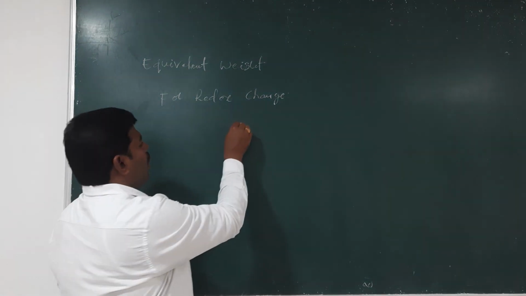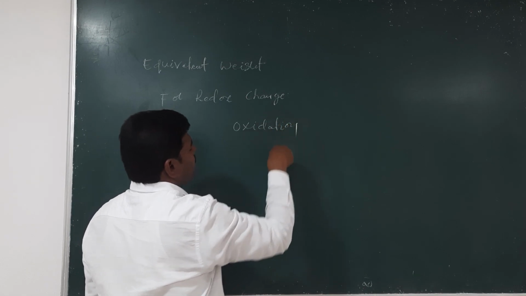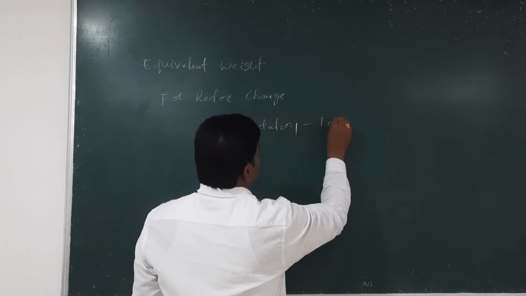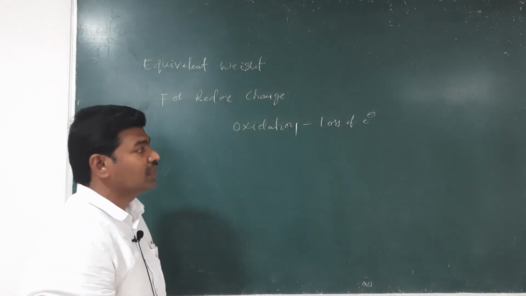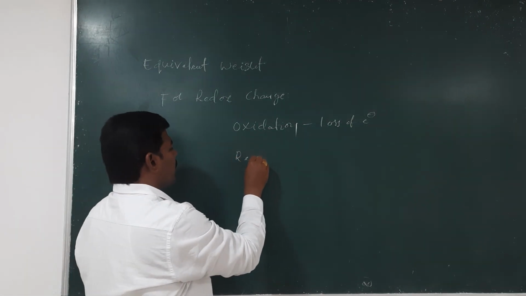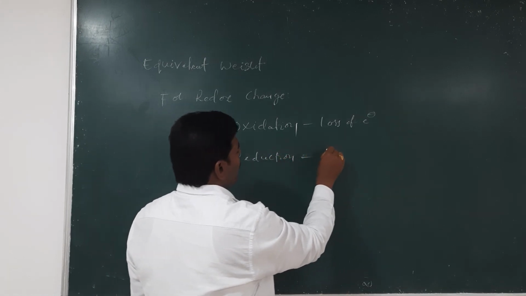We know oxidation means loss of electrons. Reduction is gain of electrons.